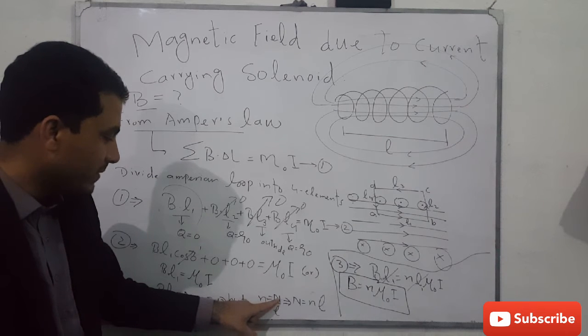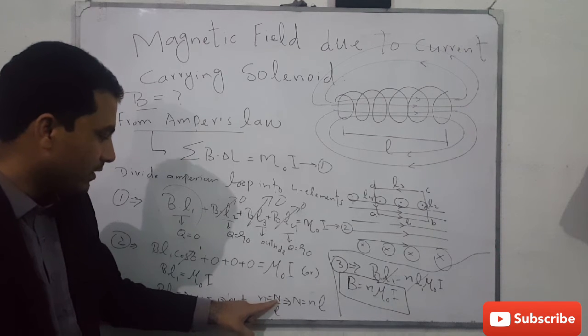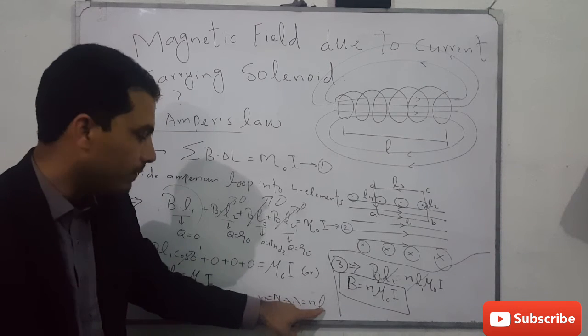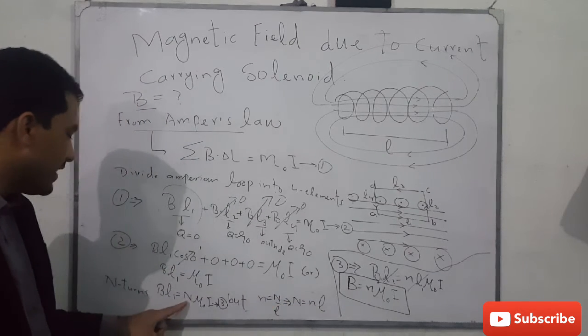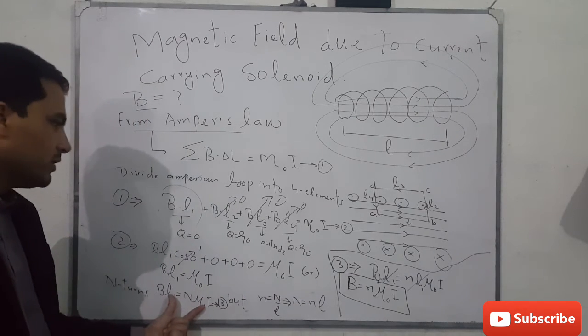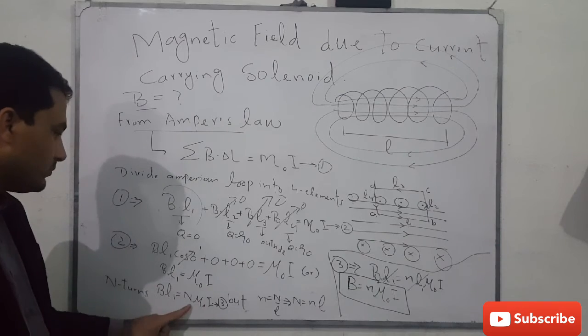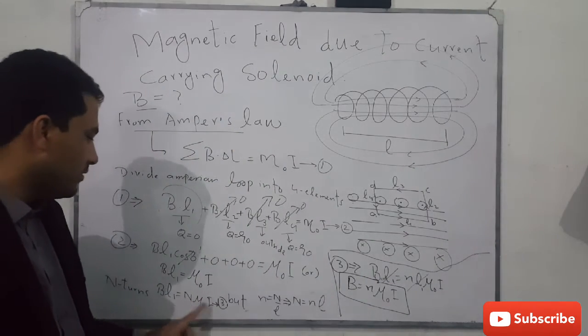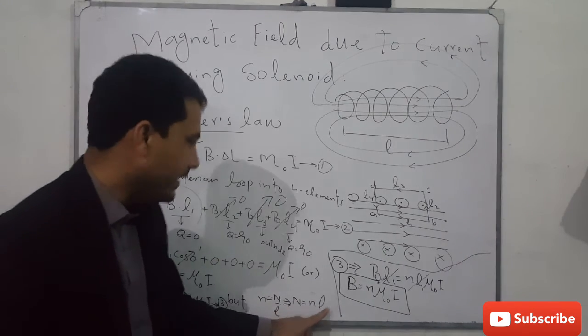So by simplifying this equation, the number of turns N becomes small n multiplied by L. So we can replace this capital N by small n multiplied by L, and this equation becomes like this by replacing N as n L.